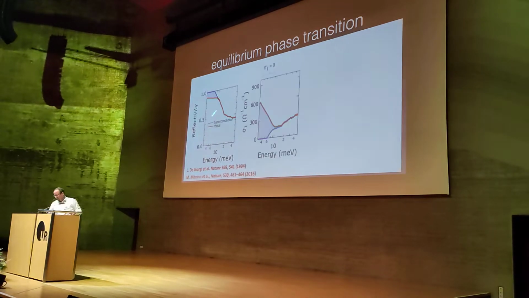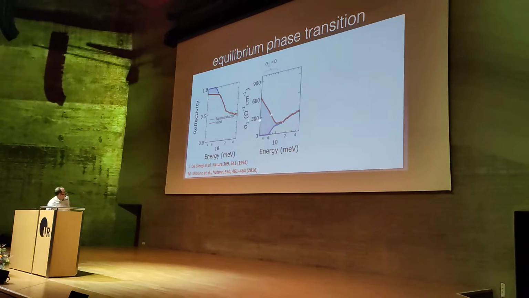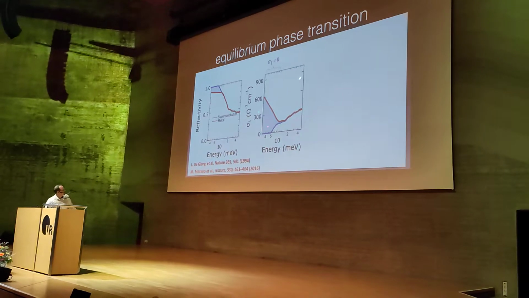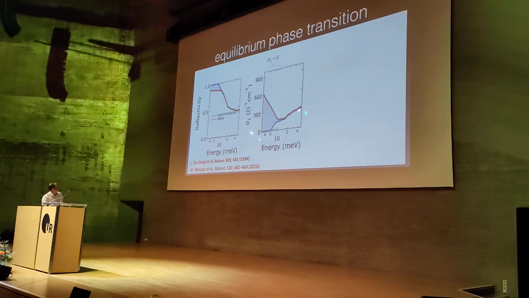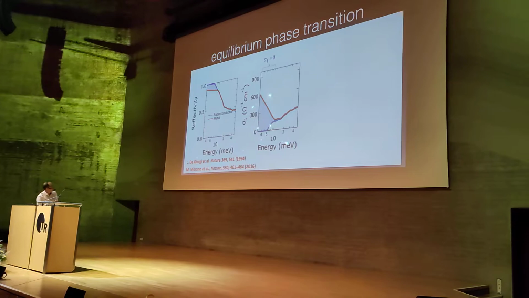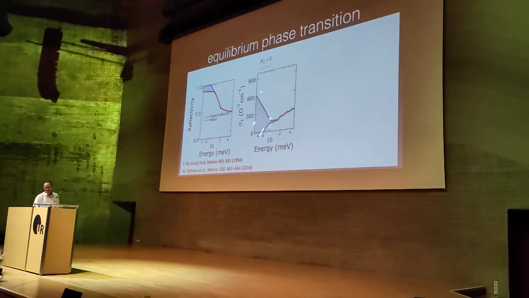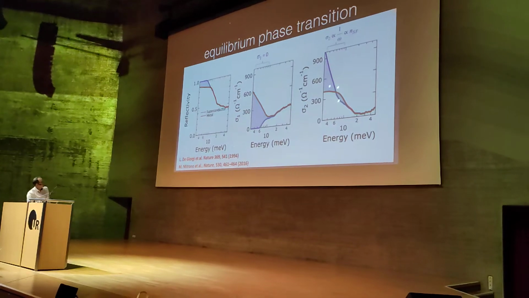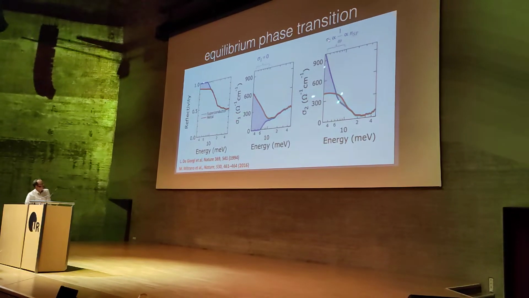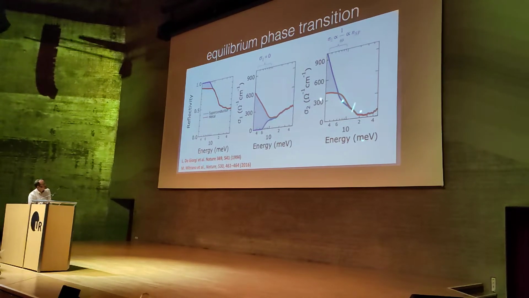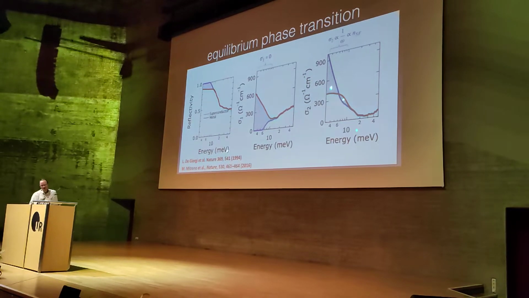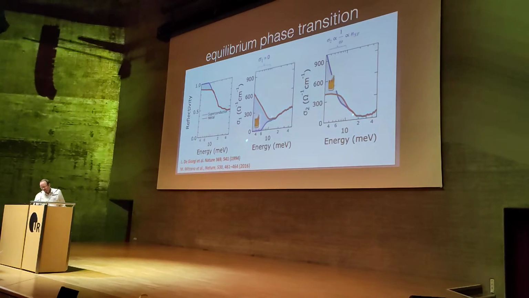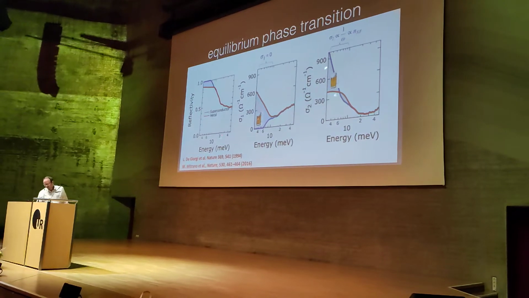Be careful. The real and imaginary parts of the optical conductivity can be extracted from this, and you see that you open a gap in the real part, as I explained before, and you also get this 1 over omega divergence in the imaginary part. This is how you go from the metal in red to the superconductor in blue, and usually you have to cool down in order to achieve that. This is the hallmark of the superconductor.